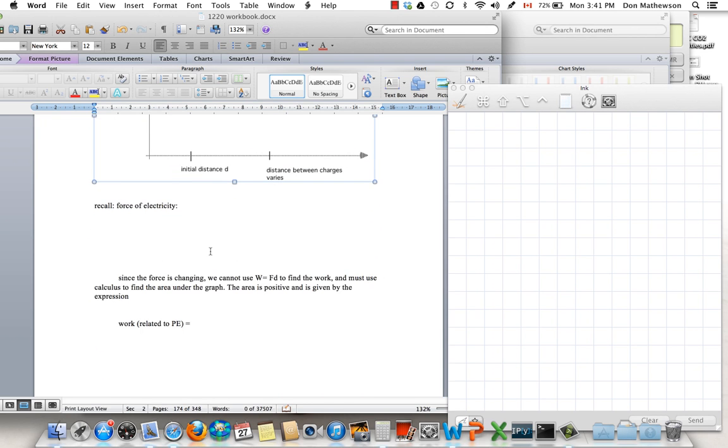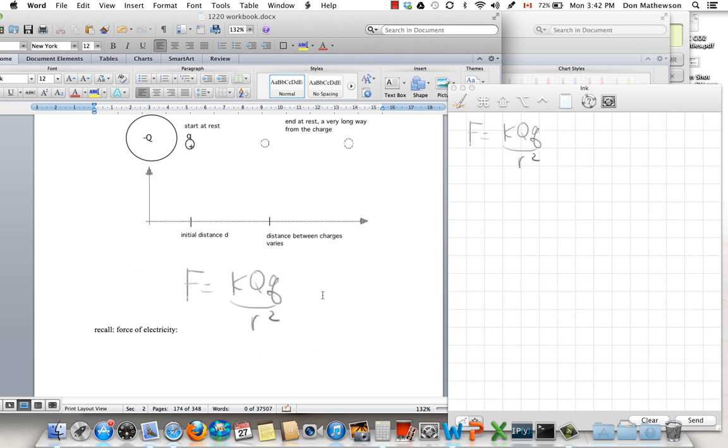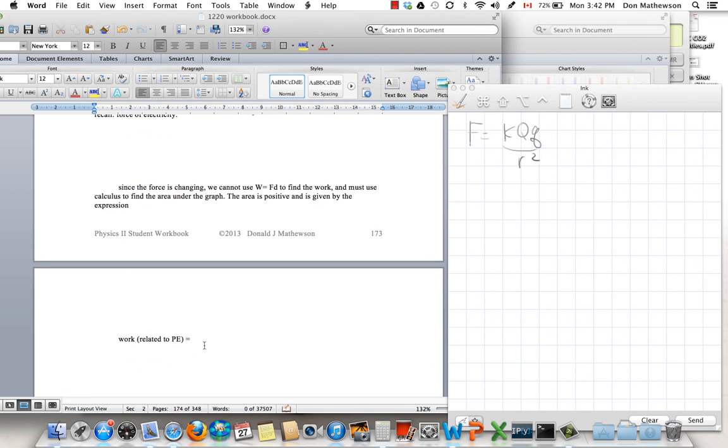Now we'll remember that the force of electricity, as we said, is given by an inverse square law, Coulomb's law, so that if we want to find the work done, we're going to have to integrate.